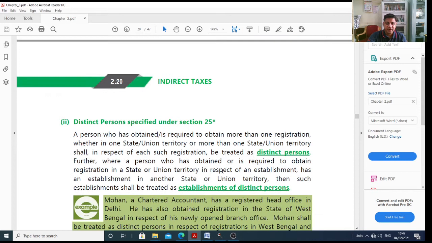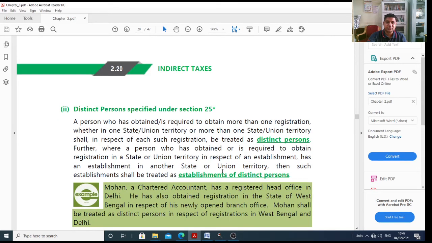Now whenever we talk about a distinct person, a person who has obtained or is required to obtain more than one registration, whether in one state or union territory, or more than one state or union territory, shall in respect of each such registration be treated as a distinct person.